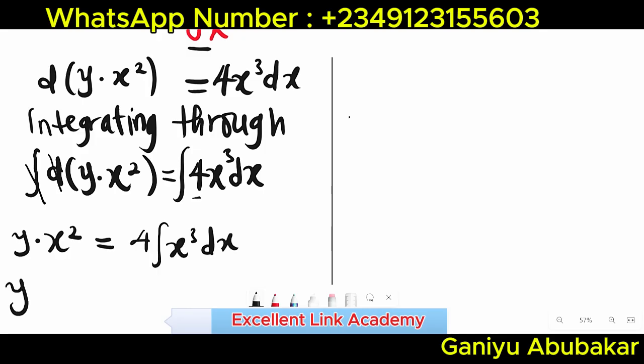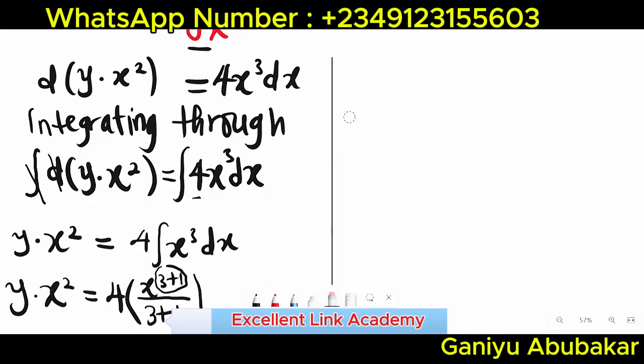This gives you y times x squared is equal to 4 times, if I integrate x cubed, we said just add 1 to the power: x to the power 3 plus 1, all over the new power, 3 plus 1. That's the concept.